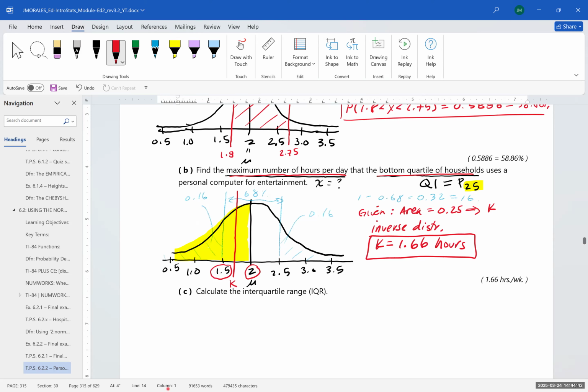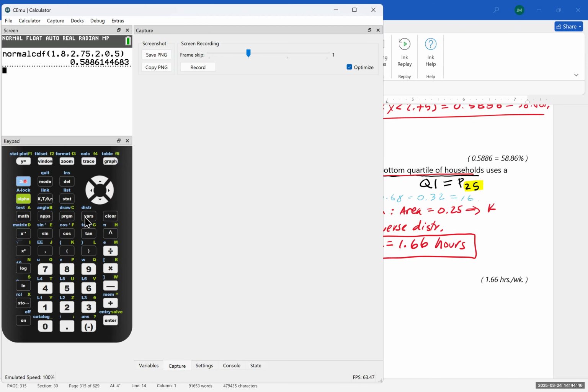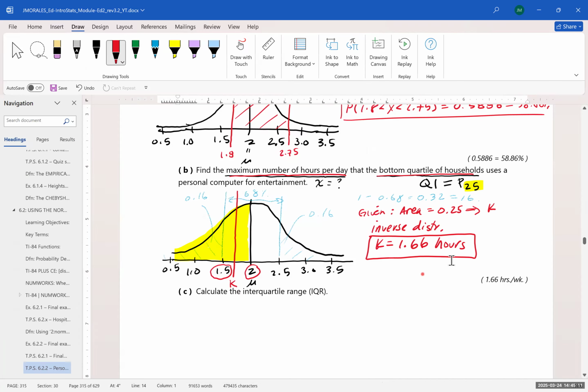All right, Texas Instruments, let's use inverse norm. So the area that we've got is 0.25, the mean of 2, standard deviation of 0.5, and we want this to be the area to the left, 1.66. All right, looks good.